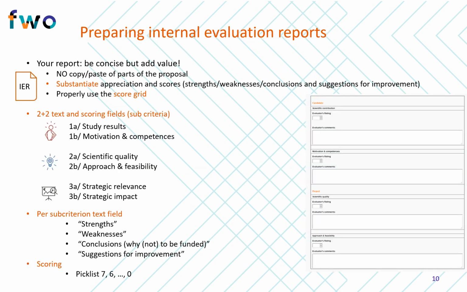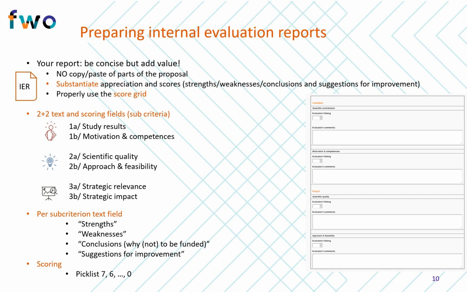Through the e-portal, you access the evaluation template for each application for which you are internal evaluator. For the disciplinary panels, the template contains 4 or 6 text fields depending on the type of fellowship panel you are in. There is one field for each subcriterion, each also containing a box in which to enter a score for each subcriterion.